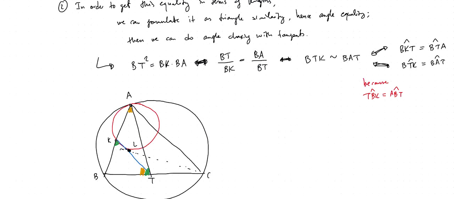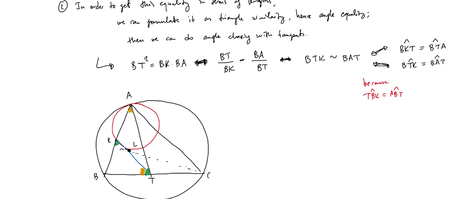But how about this green or this orange? Here we have some circles. We have a circle that passes through K, and we have some circles that pass through A. Can we chase the green angle or the orange angle from these circles? Well, let's just look at this.